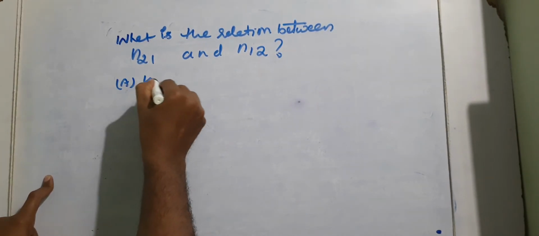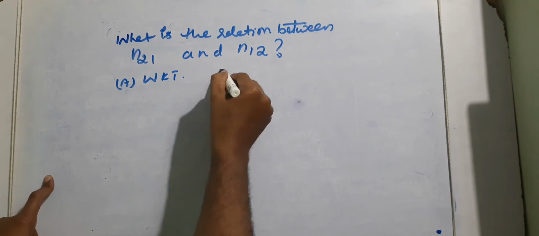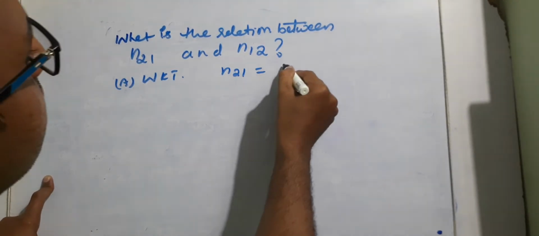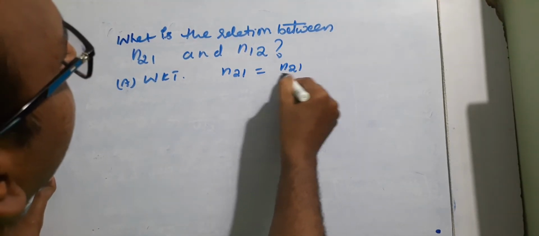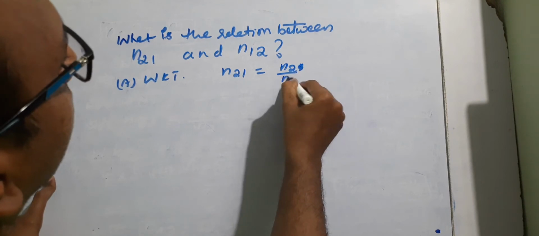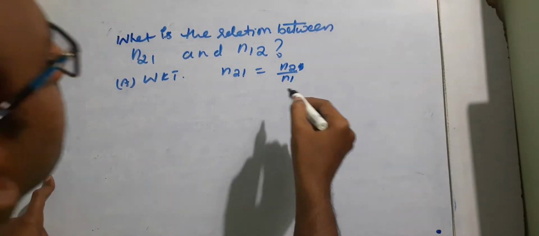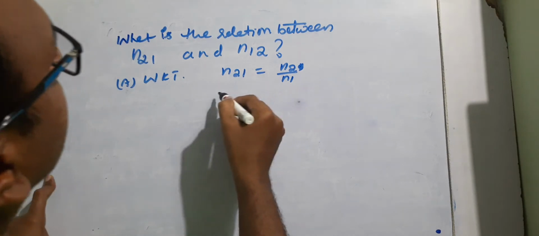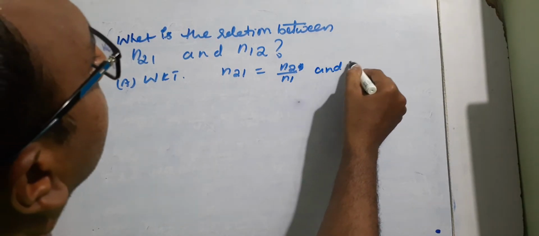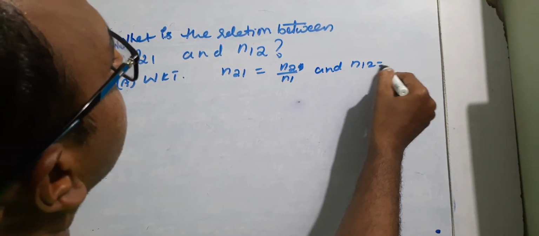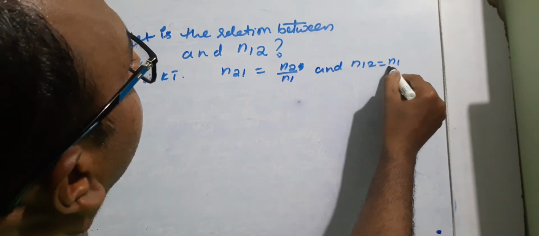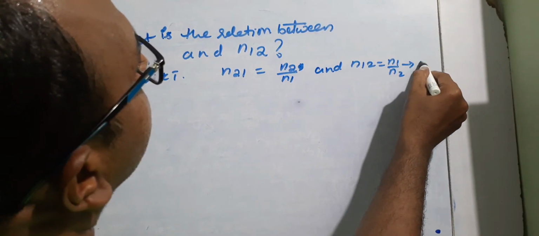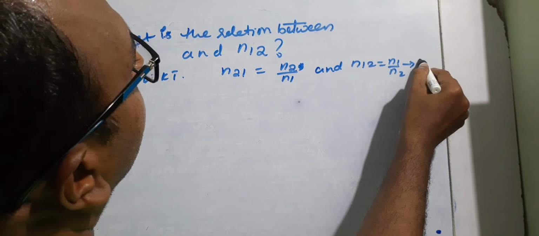We know that we just proved n21 is equal to n2 by n1 and n12 is equal to n1 by n2. It is equation 1.